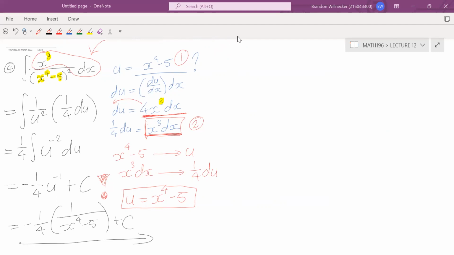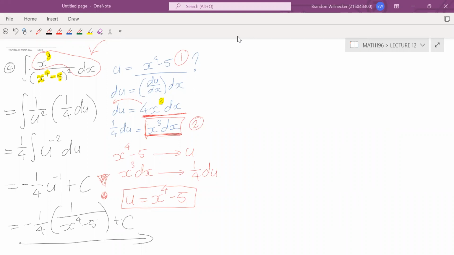And if you need to manipulate it a bit like we did here, you do that. You make the two substitutions, you solve the easier integral, and then you have to go back to x. You can't just leave it in terms of u. So not much to do.